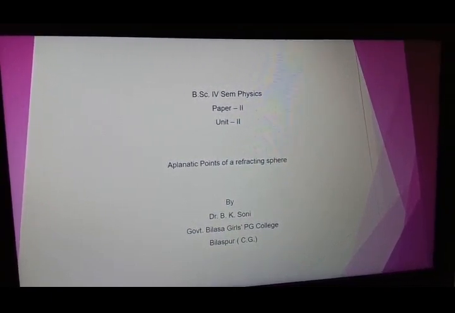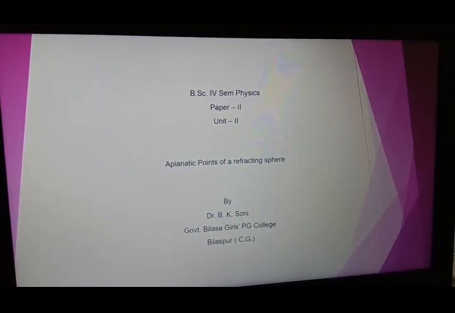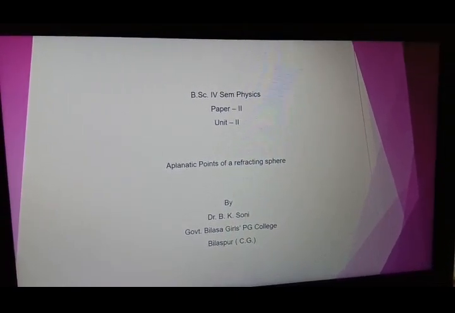Today, the topic of discussion is aplanatic points of a refracting sphere.